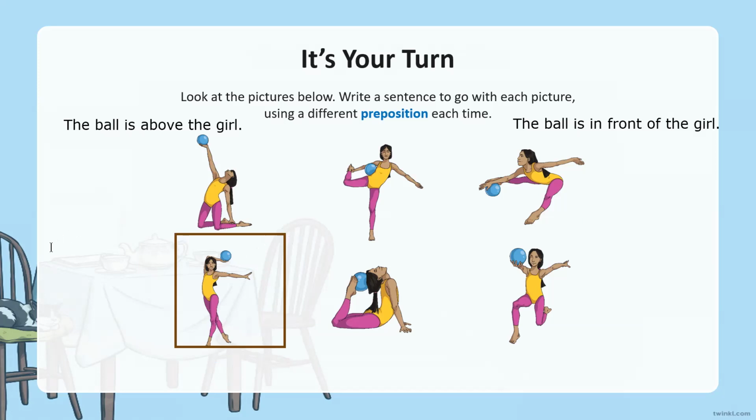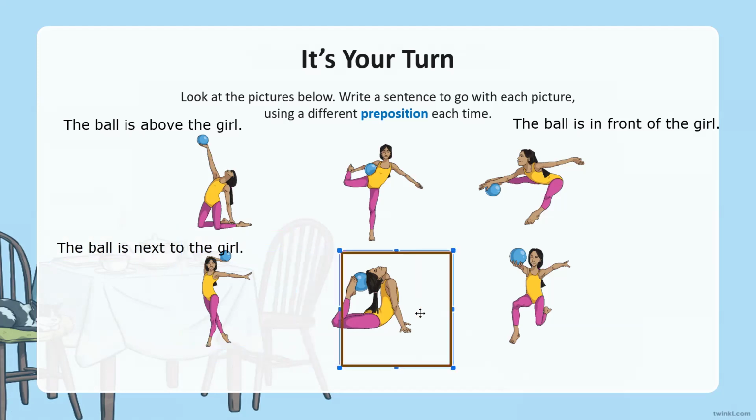Or it would be better if we can say the ball is next to the girl, like that, because the ball is very close to the girl. Okay, now what about this one? Where is the ball?